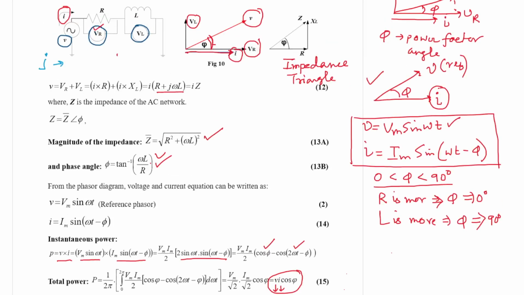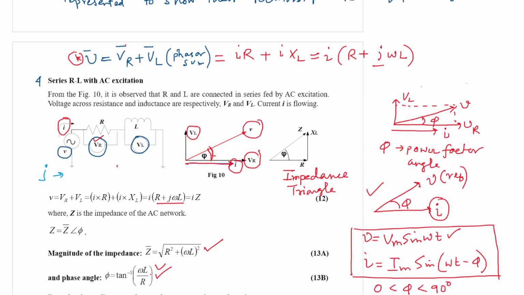So to briefly recap, we have a series RL circuit. We have VR and VL, the voltages appearing across the resistance and inductance. We drew the phasor diagram first. Current was considered the reference phasor I. Then VR is drawn in phase with I because it is the resistive drop.